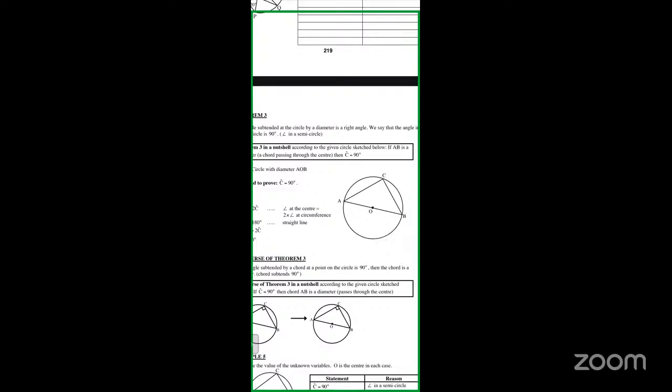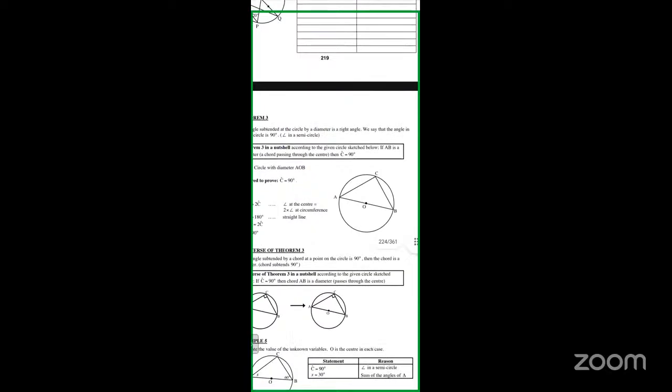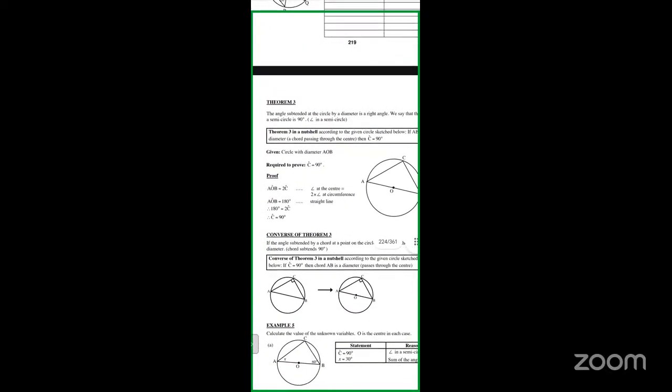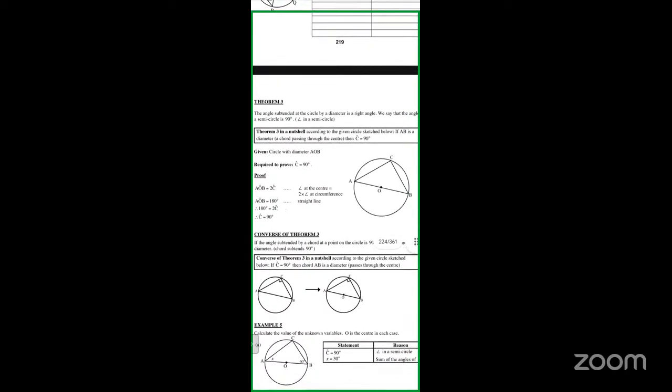Then your reasoning is just going to be angle in a semicircle, in short. Angle in a semicircle. Then this is just the proof of it using theorem 2 that we just talked about recently. Because we know that angle AOB is 180 degrees.